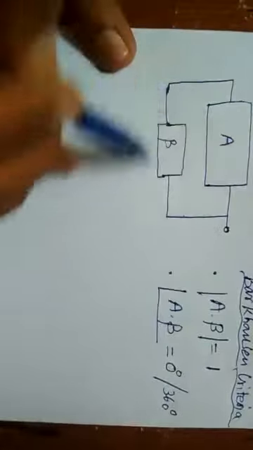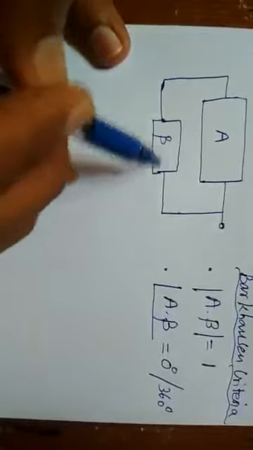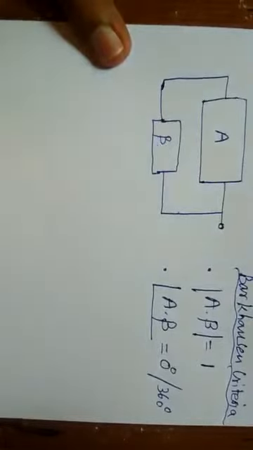So if any amplifier with feedback satisfies these two conditions, then the amplifier becomes an oscillator.